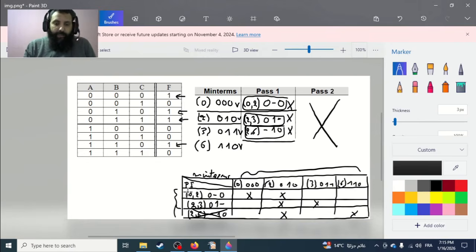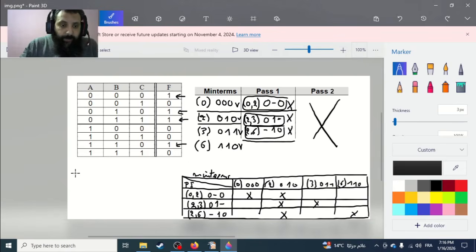We suppose that we don't need that one, and those two are sufficient to cover everything. This is just a supposition. We have a special method to find what we can delete and what we don't need to delete. The first thing is the essential prime implicants.